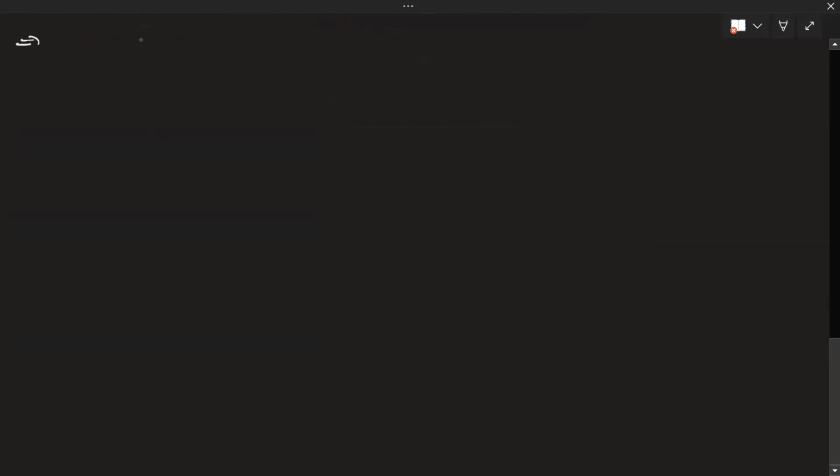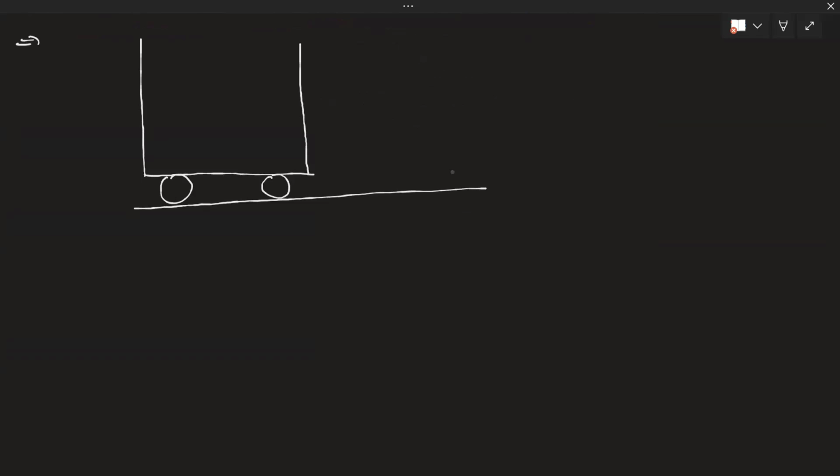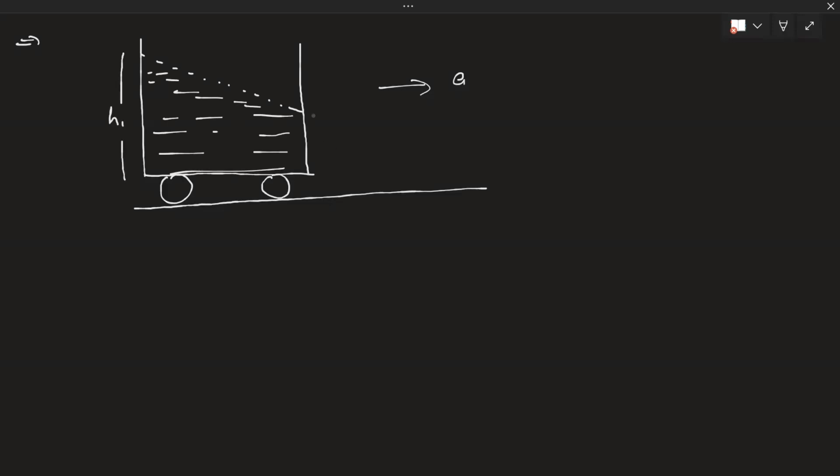Now, if I make the diagram again to discuss a few more things. So we know that if this container is moving towards right with acceleration a, the liquid level is like this. This side is more liquid, this side is less height. Let's suppose this is H1 and this is H2.